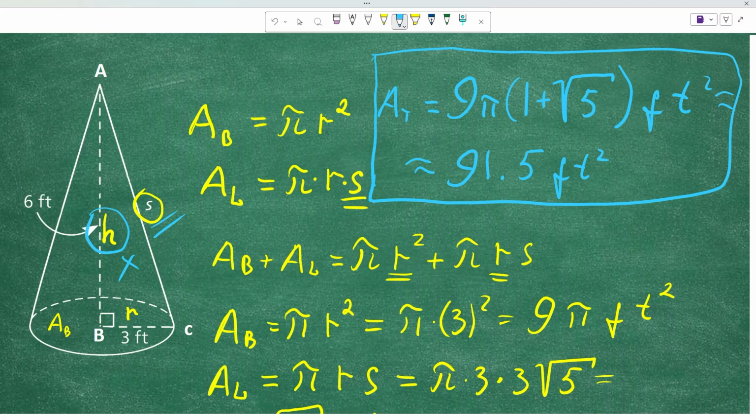Here's a quick pro tip for your next test. Always read carefully. Does the question ask for lateral area only, like finding how much material is needed to make a party hat, or total surface area, wrapping the entire solid cone? Lateral area is just the wrapper, pi r s. Total area includes the base. Don't waste time calculating the base if they don't ask for it.